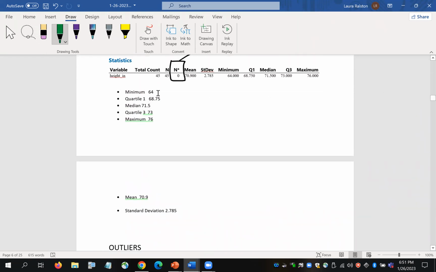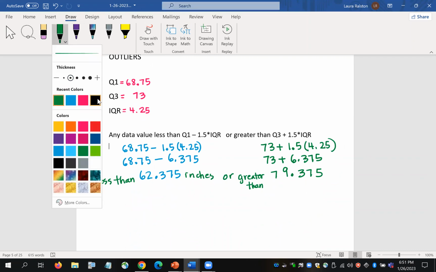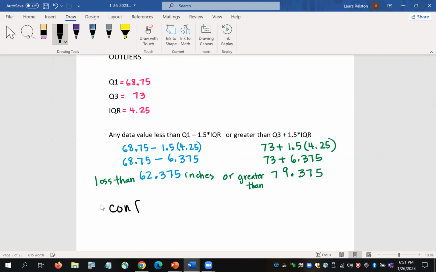The minimum value we had was 64. I don't have a number less than 62.375. The maximum was 76. I don't have a number bigger than 79.375. So I have confirmed without a doubt that there are no outliers. Okay, visually we saw that there are no outliers.